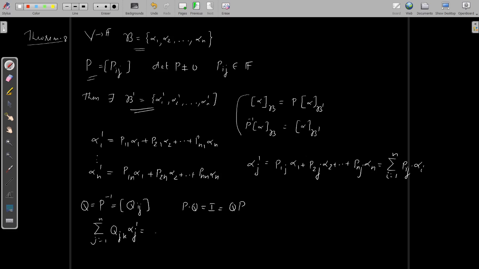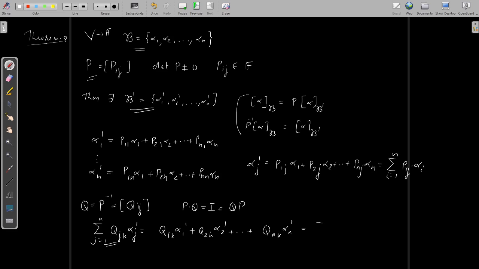When you expand this, you get Q1k alpha 1 prime plus Q2k alpha 2 prime plus etc., Qnk alpha n prime. This is the summation, which can be written as a double summation.